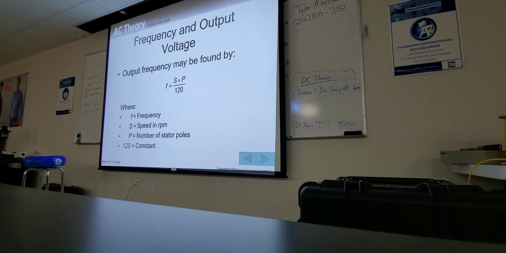Alright, so if we're going to solve for S in this equation, first thing you're going to do is multiply both sides by 120, right? That way we get that 120 out of the bottom. So now we've got 120F equals S times P. And then we'll just divide both sides by P and get 120F over P equals S. So your homework asks for, I think, 3 questions: one asking for the frequency, one asking for the speed, one asking for the poles.